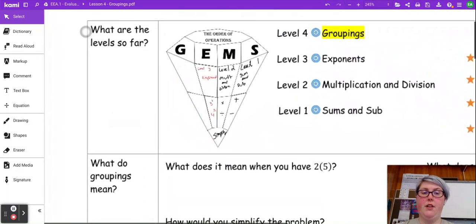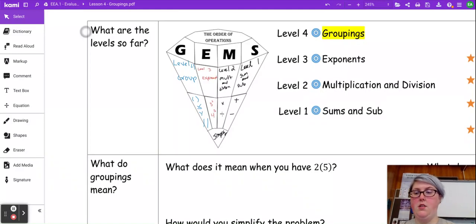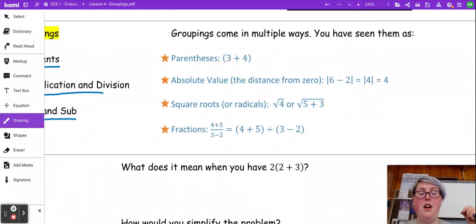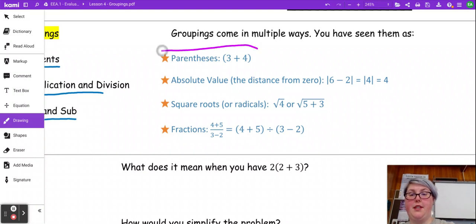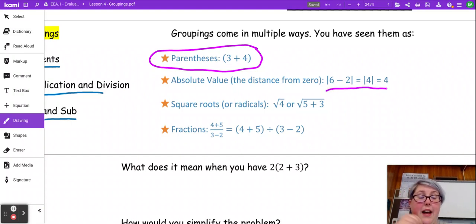We are going to evaluate groupings for order of operations. So far we have learned about levels 1, 2, and 3. There are different ways to show groupings. Most people think of parentheses because that's pretty obvious. You're grouping numbers and operations together, but it can also be absolute value that we learned earlier in the year, square roots, or radicals, which are just the opposite of your exponent.